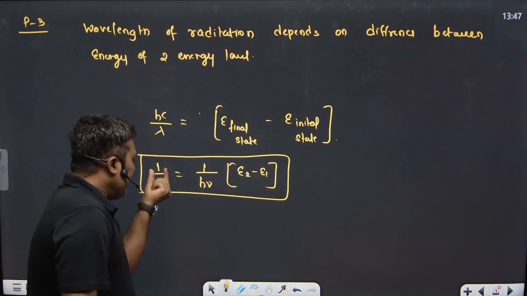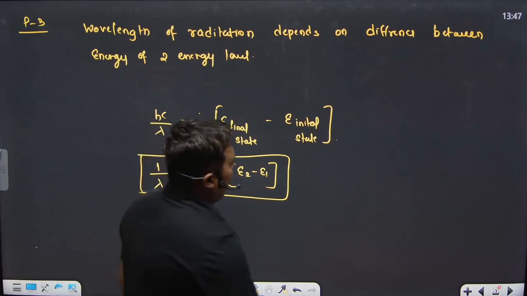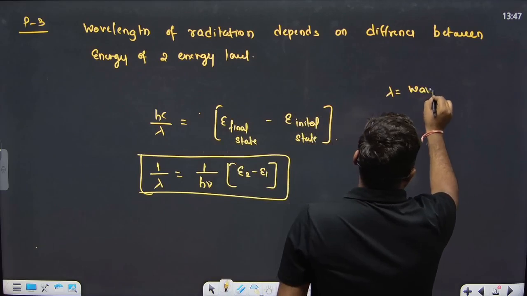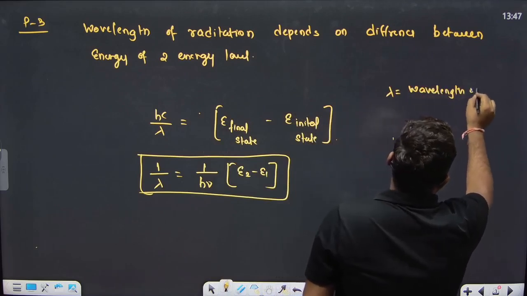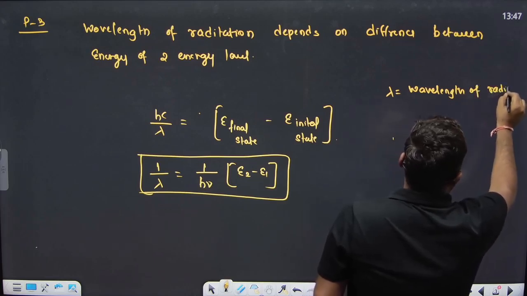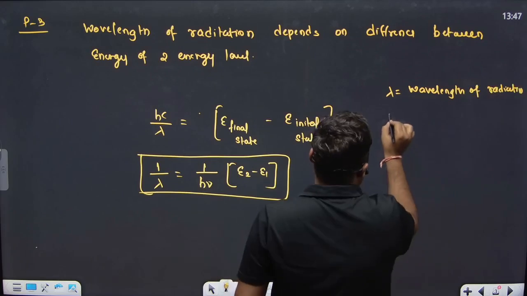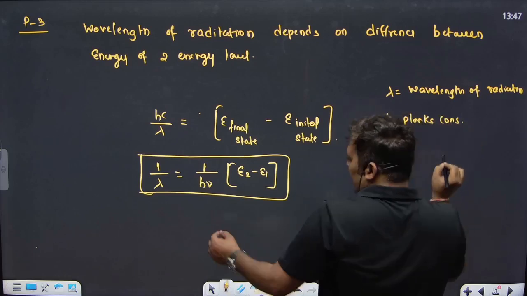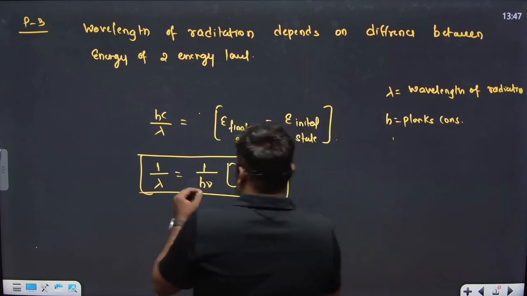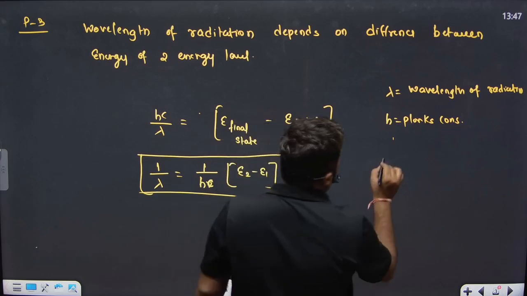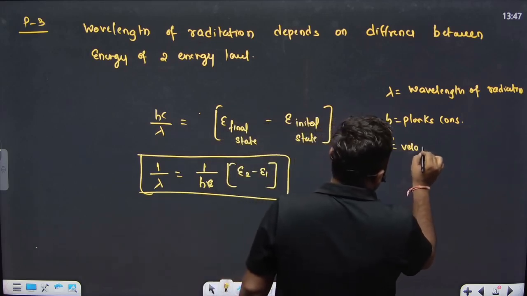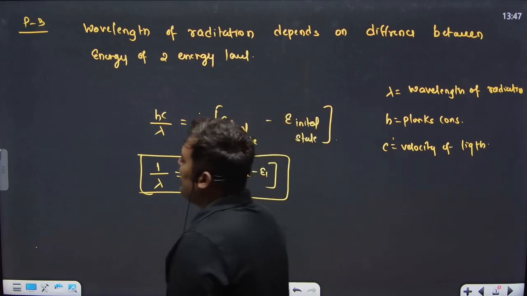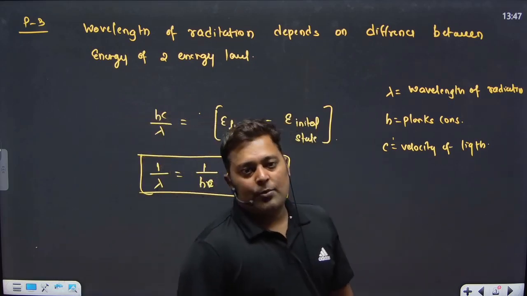In this formula, lambda is representing the wavelength of radiation. h is your Planck constant. c is the velocity of light.